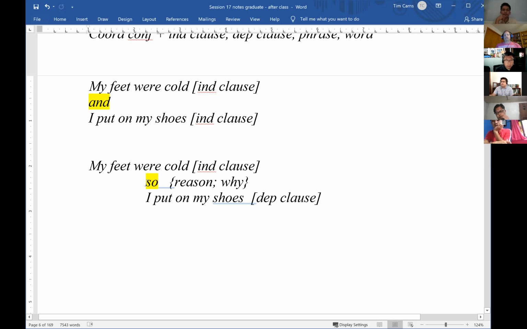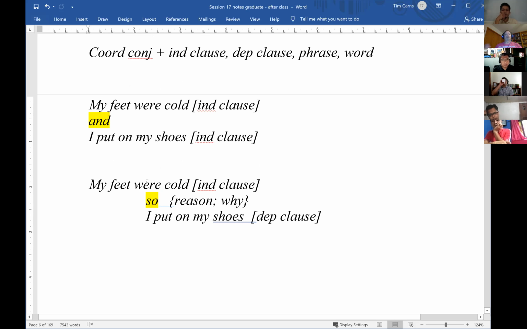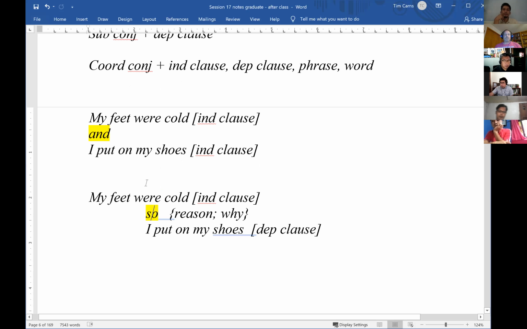Okay? And this is why it's important to be able to identify what kind of conjunction we're working with. If it's coordinating, then I know the author's intending to present these two words, phrases, or clauses together as equal counterparts. But if I'm using a subordinating conjunction, I know two things.